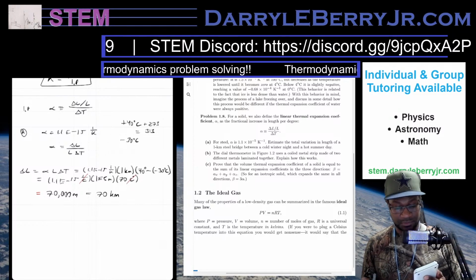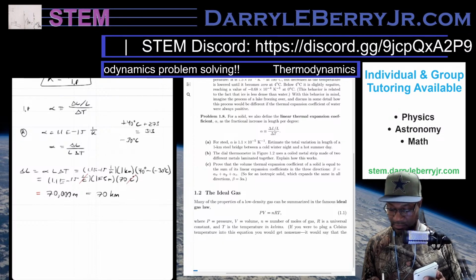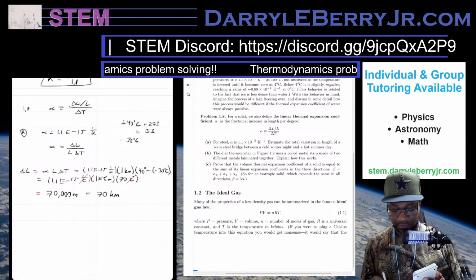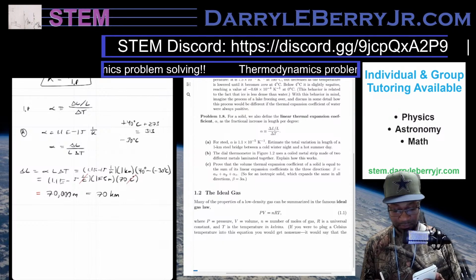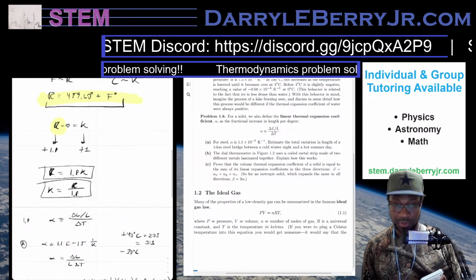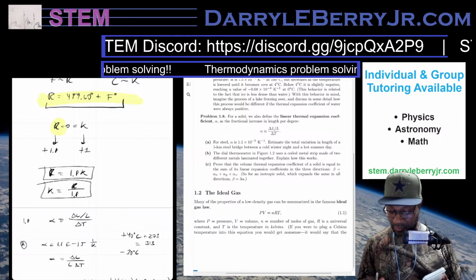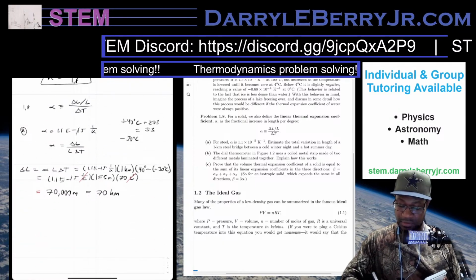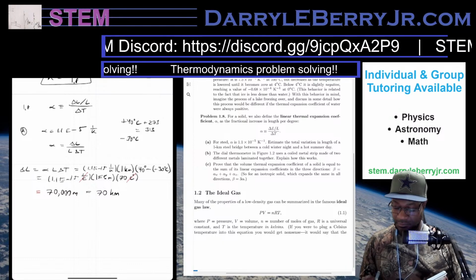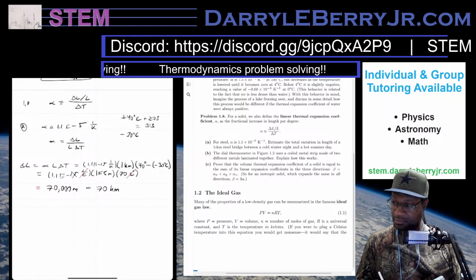This is better. And I wrote this down incorrectly. It's E to the negative 5, not 15. Right, need to slow down a bit.